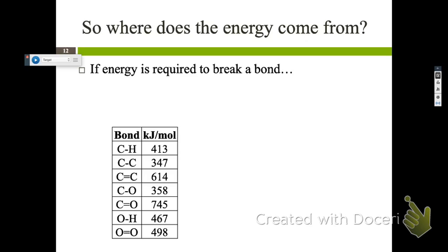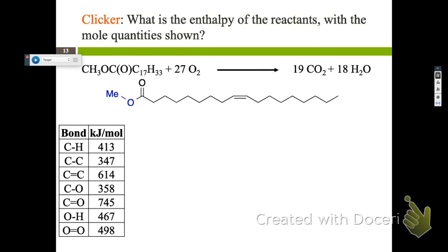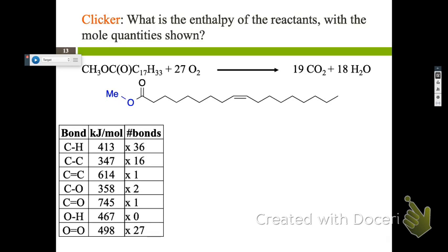So we could go through, right, and say, in the reactants, how many of each of these do we have? Anyone take a guess? How many CHs do we have? 17. Okay. So we could go through and count individually how many of each bond type we're breaking.